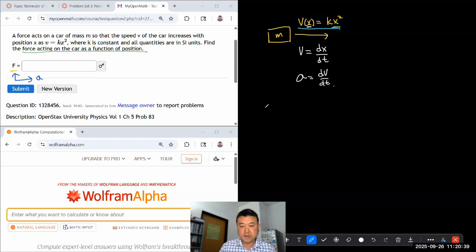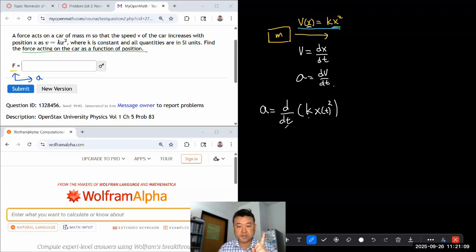So I'm going to say my acceleration is the time derivative of the velocity. So I have velocity as a function of position, kx, and let me leave some room, squared. And what you have to remember here is k is constant, but this x here is probably going to be a function of time. Once you recognize that, I hope you remember the chain rule from calculus.